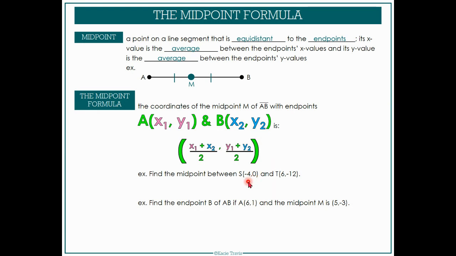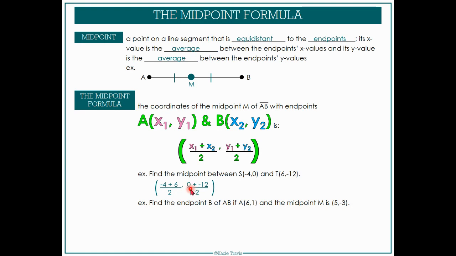We got S at -4, 0 and T at 6, -12. So I'm looking at my x values. What's in the middle between these two? What's in the middle between these two? So when we do that, we add the x values up, -4 plus 6, and then we divide that by 2.